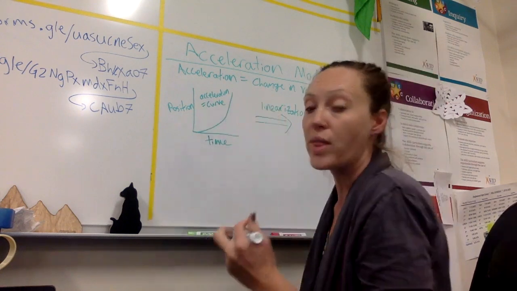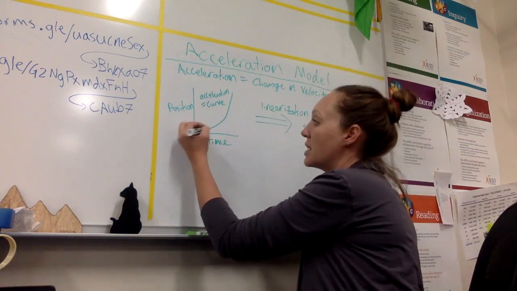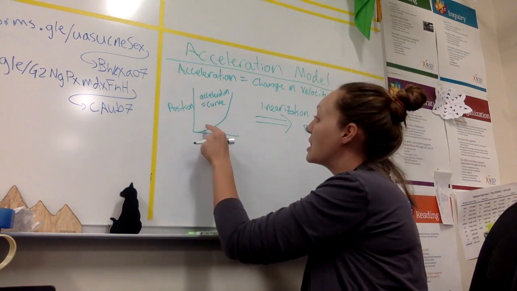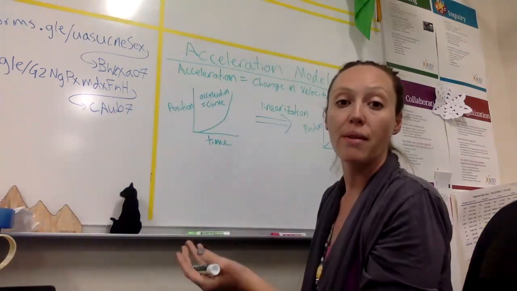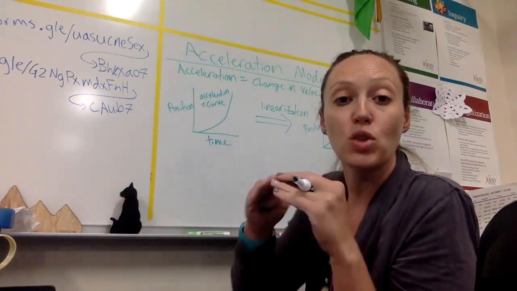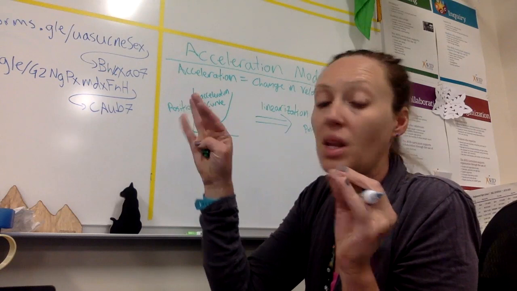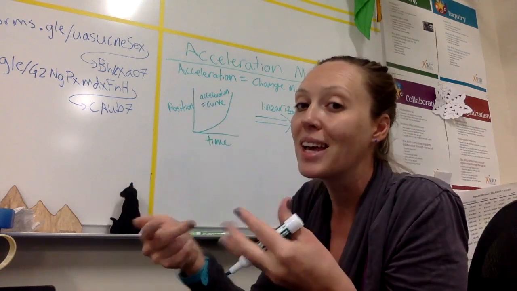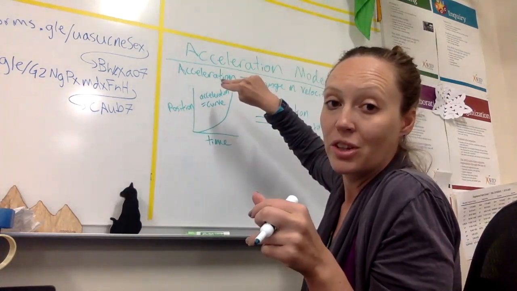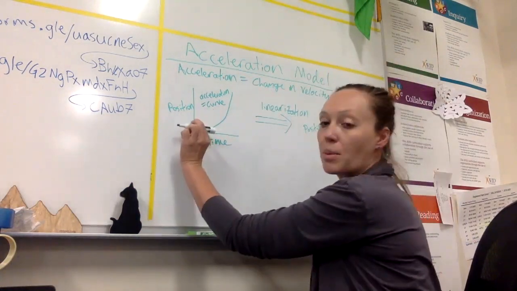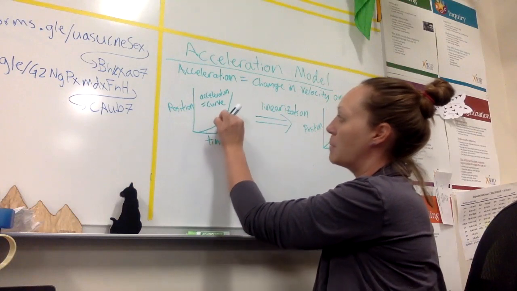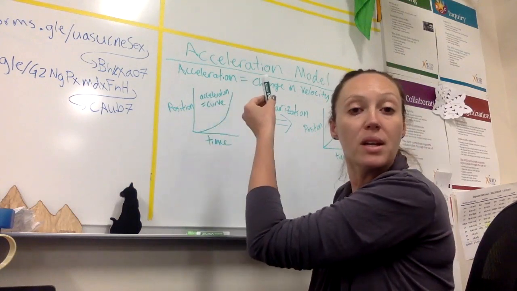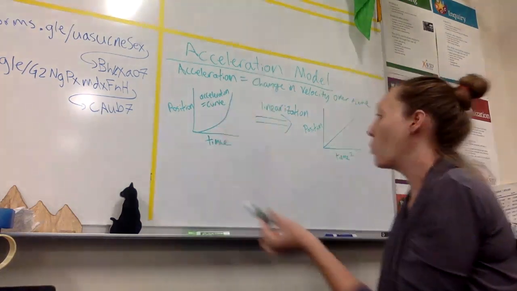The reason for that, and we'll get into this later, is that the velocity is the slope of a position time graph. If you have a straight line, then the slope is not changing, so the velocity is not changing. If you have a curve, then that slope is changing. It starts out pretty flat here, and then it gets steeper and steeper. So this indicates acceleration, because we have a curve, a changing slope.